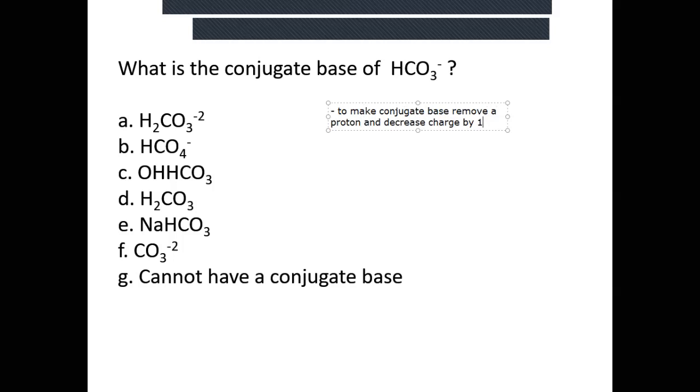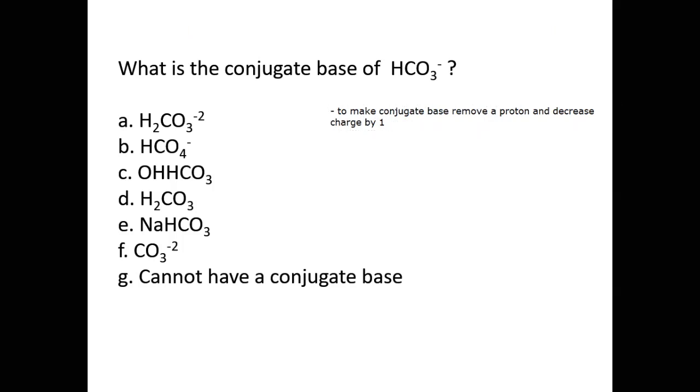To make a conjugate base, we got to remove a proton and decrease the charge by 1. So if we take HCO3 minus, we remove a proton, it becomes CO3, and we have to decrease the charge by 1, so it becomes -2.